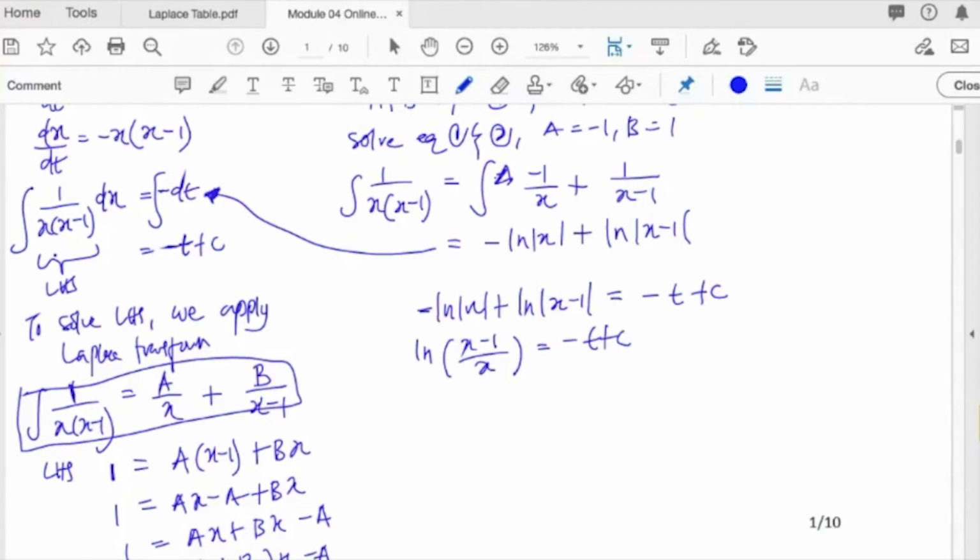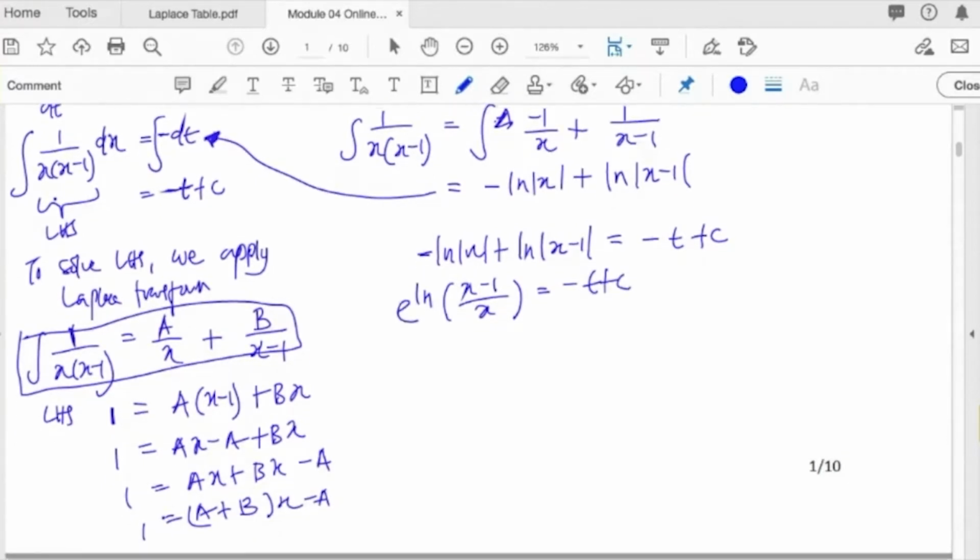And to get rid of the lns, we take exponents. So we have x minus 1 over x equal to exponent negative t multiplied with exponent c.